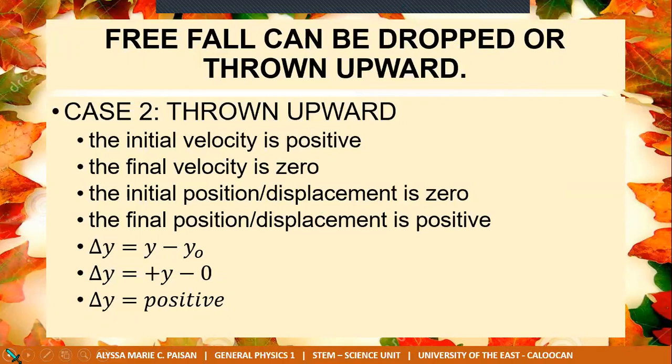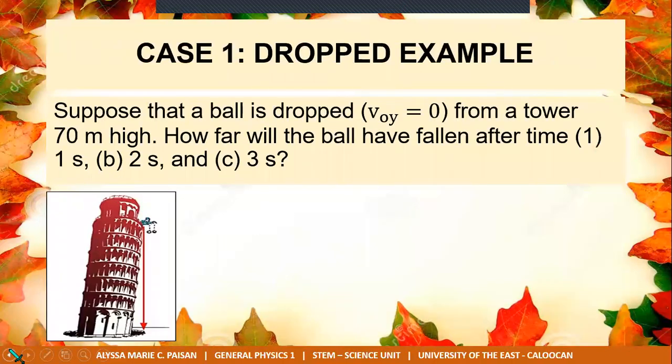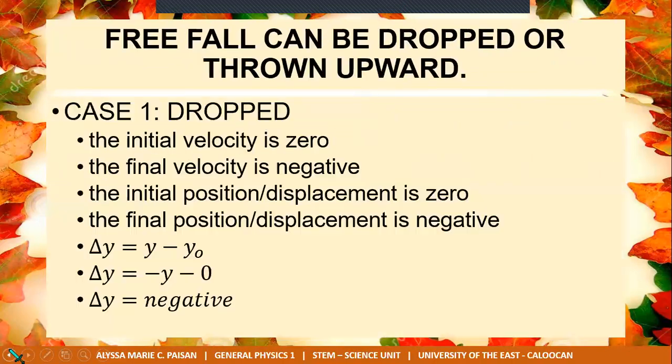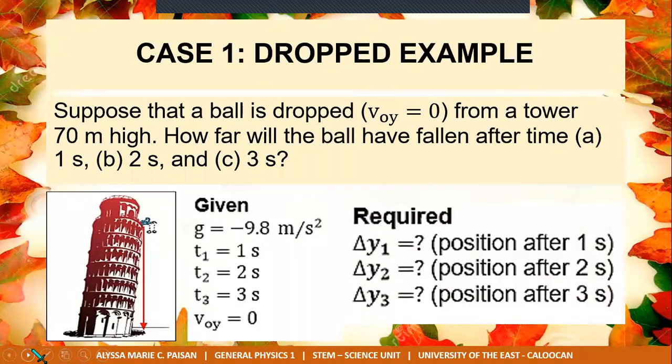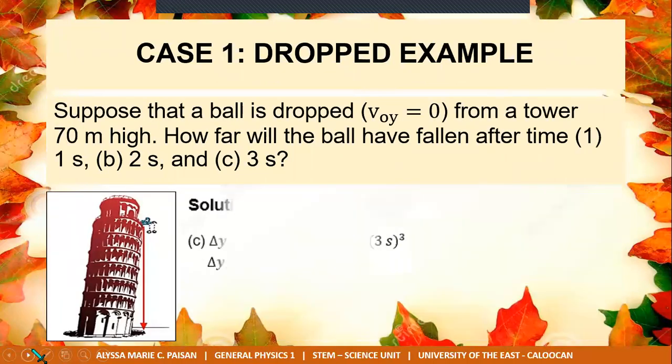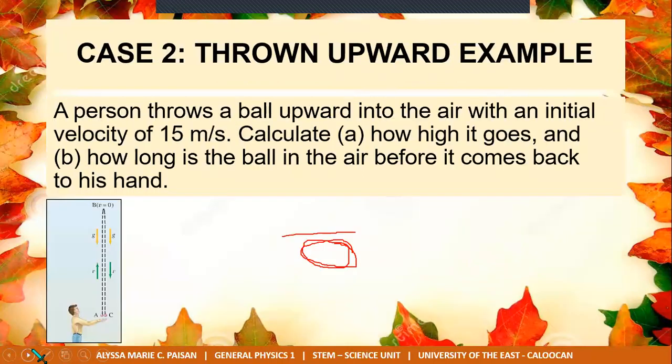O, hindi na siya mabalik. Balik natin sa equations. Ayan. So, saan nanggaling yung t is equal to v y minus v naught y over g? Sorry, pabalik-balik tayo, no?